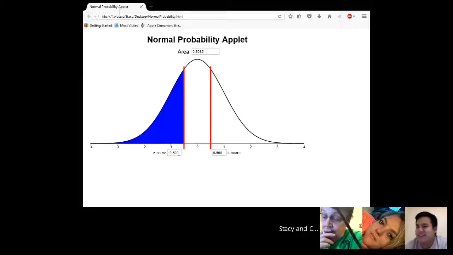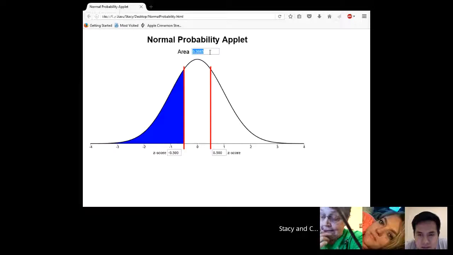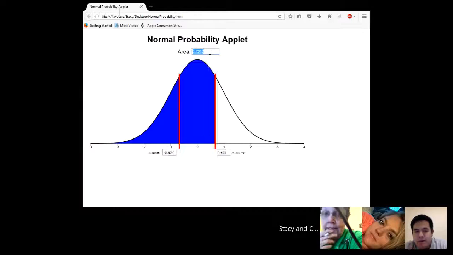And then F is, what is the third quartile of the speeds of hydrogen at room temperature? So what do we do first? Got to find x. The third quartile would be 75%, right? Correct. So I'm going to type in 0.75, and our z-score is 0.674.